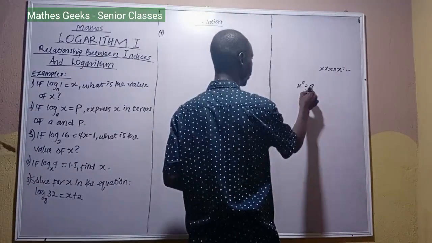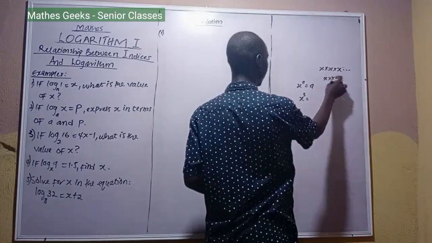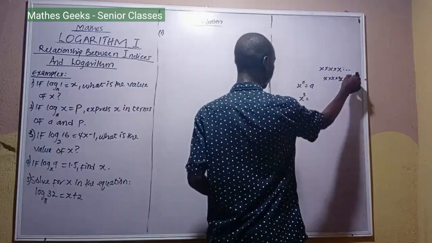If it is 2 raised to the power 3, it means 2 multiplies itself 3 times, and the result gives us a.